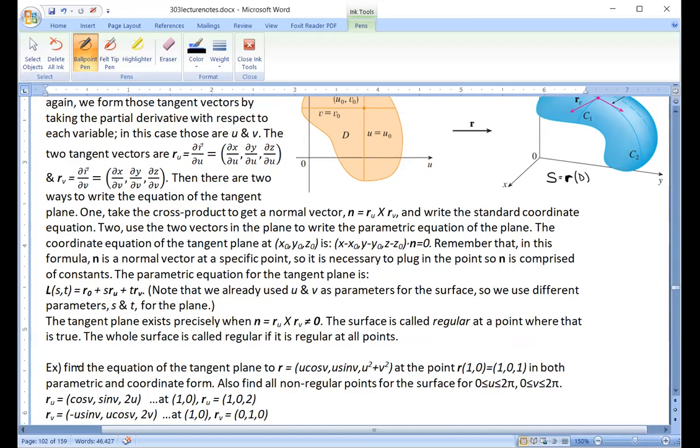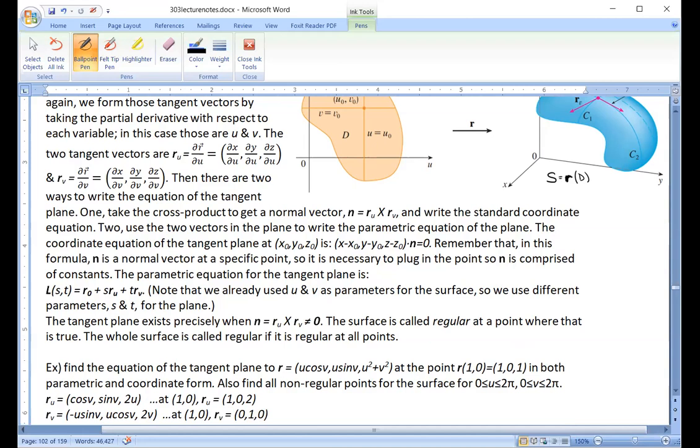And as we go through this, it'd be very helpful to keep track of which things are happening and being expressed in uv and which things are being expressed in xyz. It may take you some time to actually get used to doing both of those at the same time and keeping track of which is which.